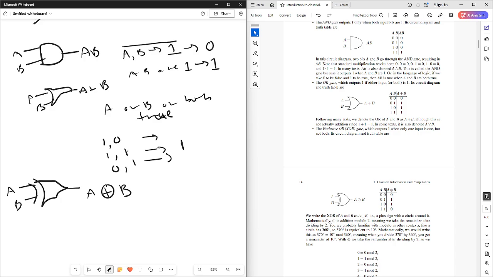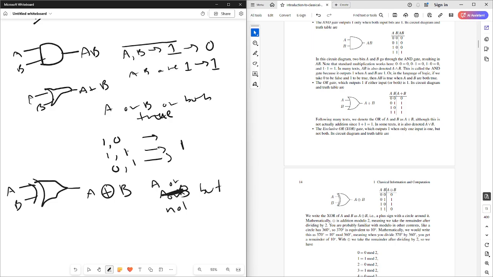Okay, so it's just A, addition modulo 2 in mathematical terms. So either we're looking for A or B, but not both.